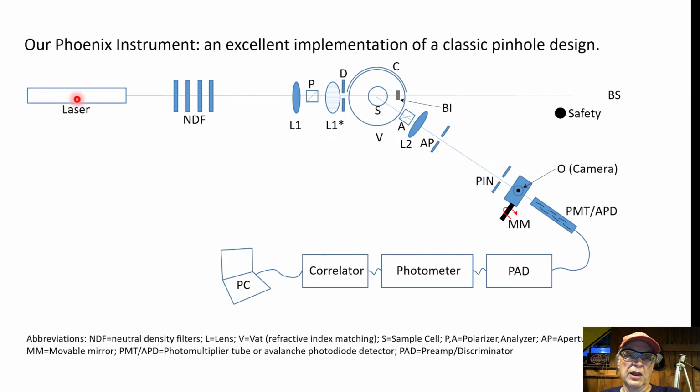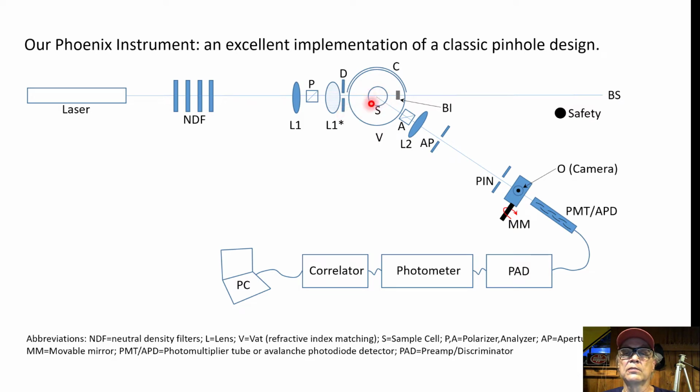So it starts with a laser. NDF here is neutral density filters, because maybe the laser is too bright for your sample. You might have too much light, and then the light is focused. Sometimes there's a polarizing element here, and it's usually matched by an analyzer over here. There's sometimes a diaphragm there.